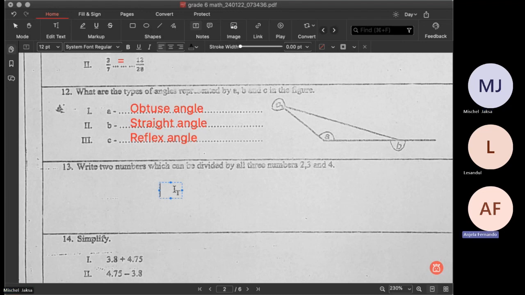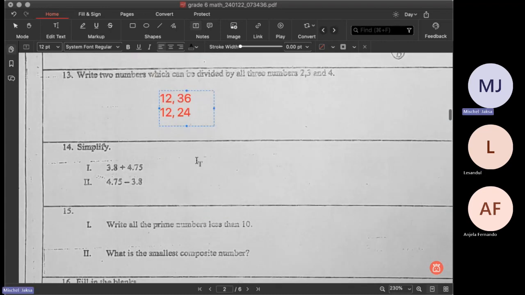Miss, I wrote 12 and 36. Okay, let's see. 12 and 36. Well done, Putir. What about lesson 2? 12 and 24. 12 and 36, 12 and 24. Yes. Well done, Putir. Both are correct.